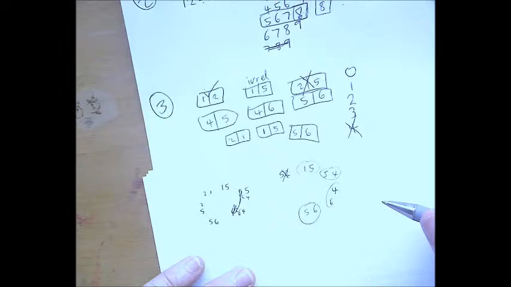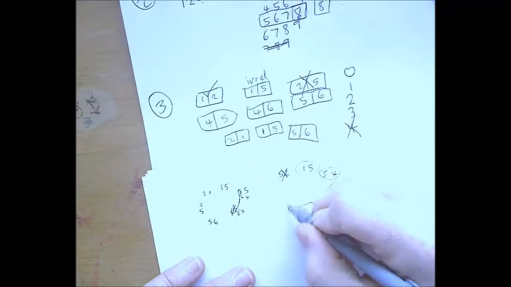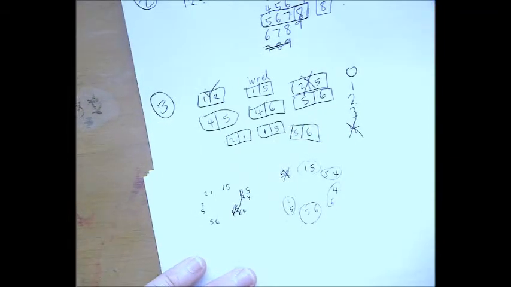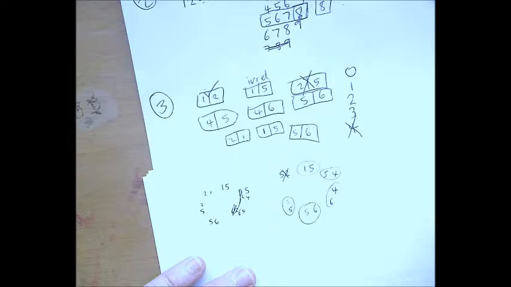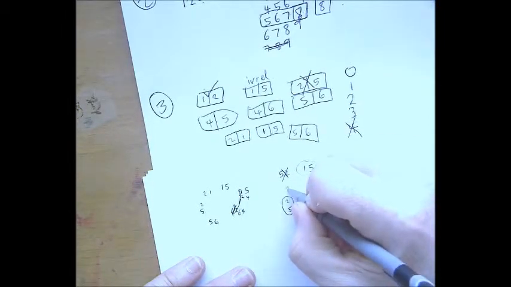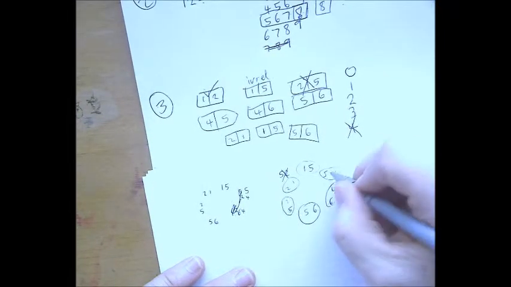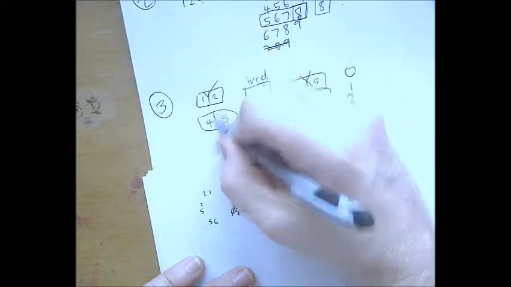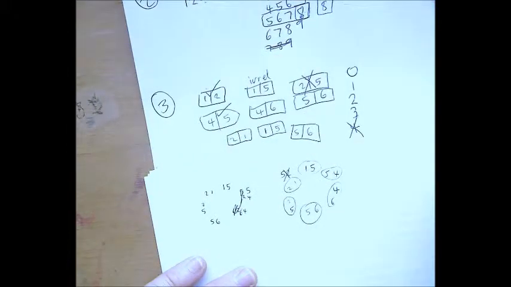But now I've run out of options. Oh no, I haven't. I can go 5, 2. Yeah, and I can go 2, 1. So 5, 4 is a sweet possibility to put next to it.